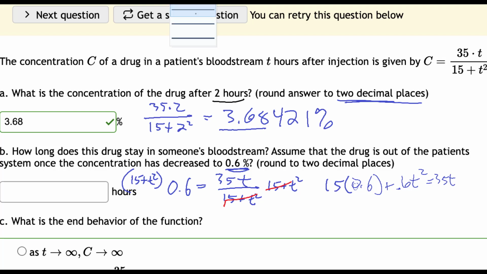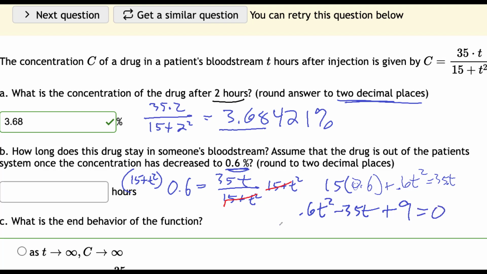Really not happy with that pen size change after I erased. Okay, so it's going to be 0.06T squared minus 35T when I bring this over. And then I have plus 15 times 0.06, which is 0.9, equals 0.